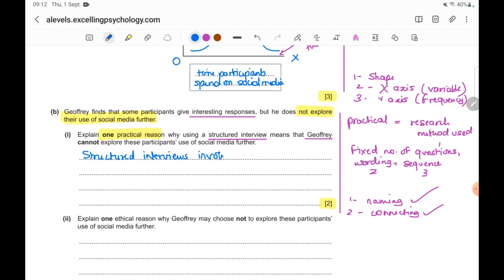Structured interviews involve using a fixed number of questions, fixed sequence, and fixed wording.